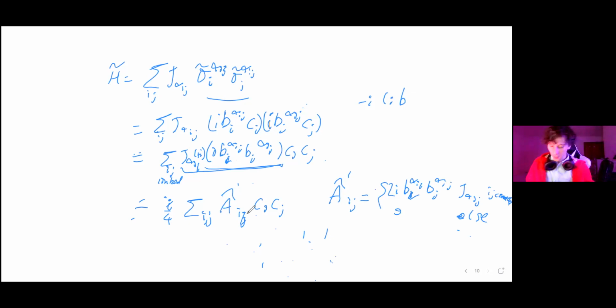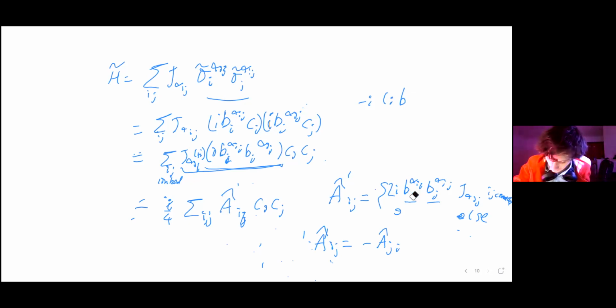Yeah, I think I should stop there. But we've written this as, with A_ij then going to be anti-Hermitian, because these b_i and b_j anticommute.